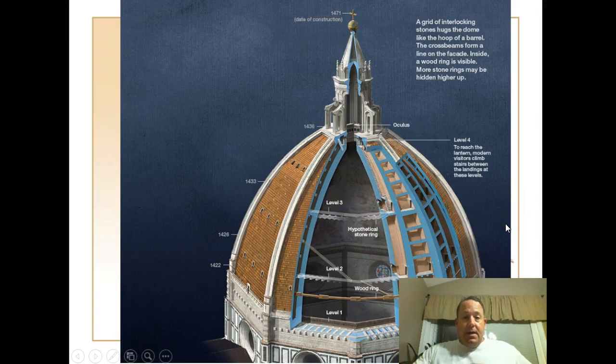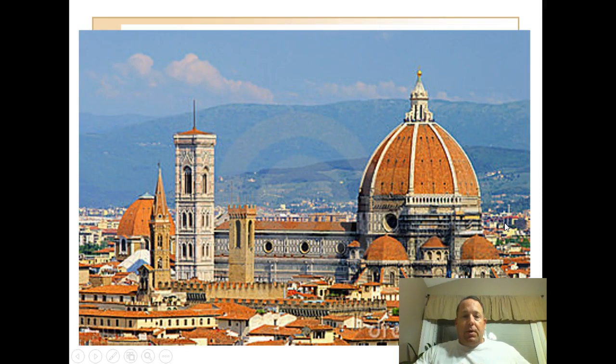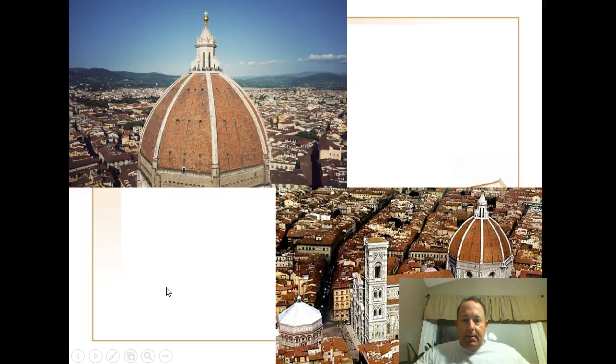I've seen it firsthand. It is breathtaking. The color, we would call it terracotta. So the church was built, and this is the dome, aka Il Duomo, Italian for the dome. This is the bell tower, and that's the baptistry. That's where people would get baptized.